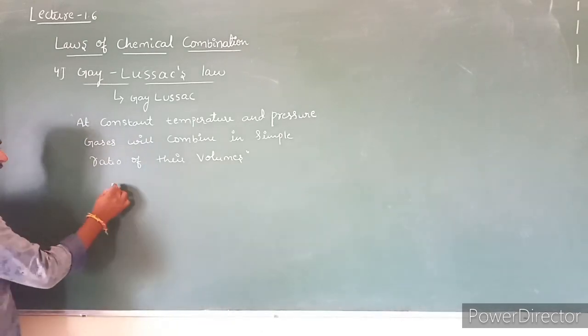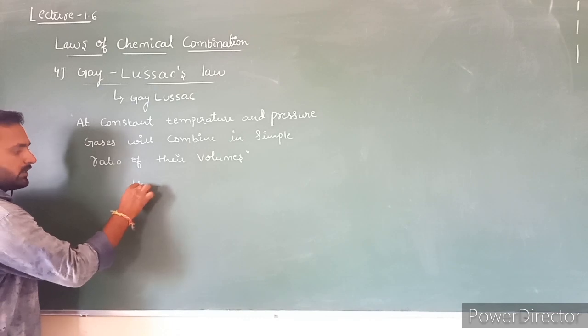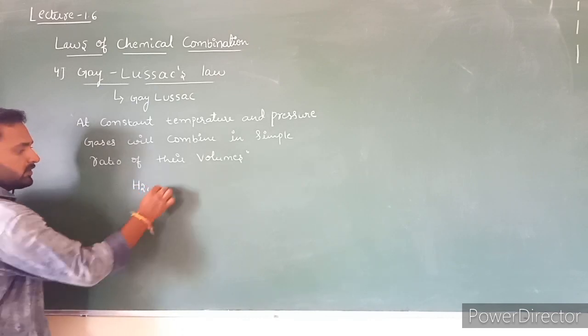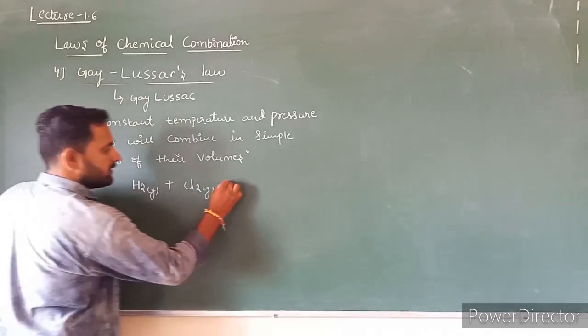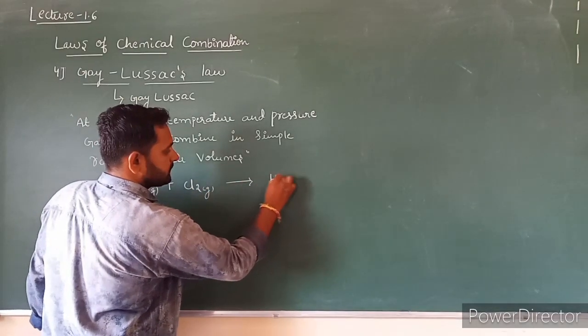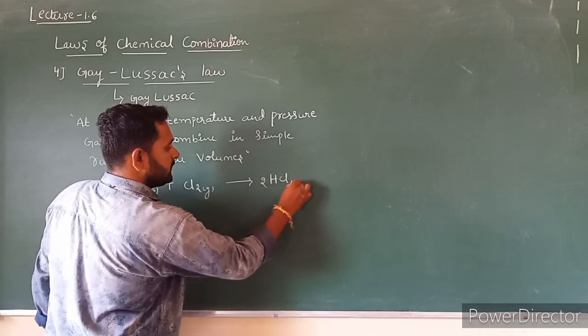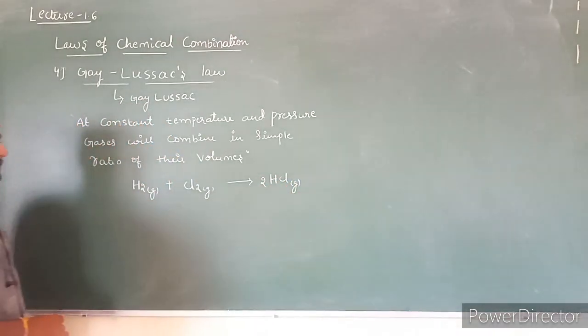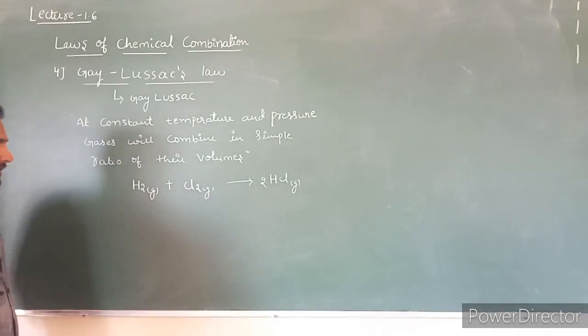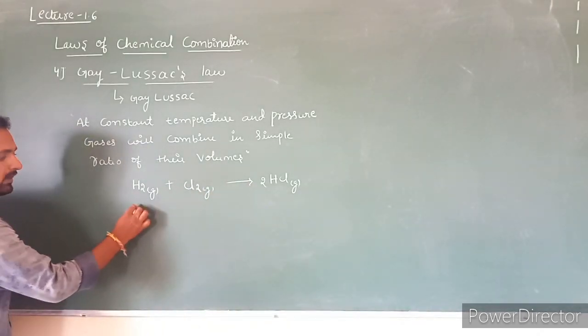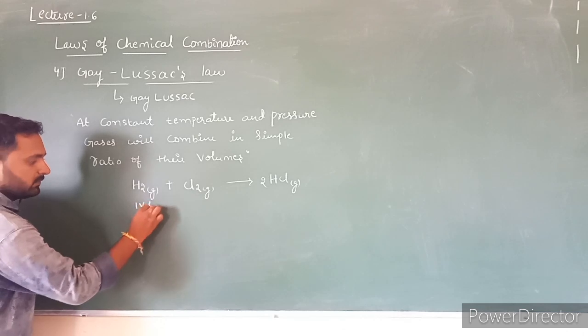Now let us take one example. Hydrogen gas. When hydrogen gas reacts with chlorine gas, it gives 2 HCl gas. See here. Now let us check volume of hydrogen, volume of chlorine, and volume of HCl. Here, what is the coefficient? 1. So 1 volume.